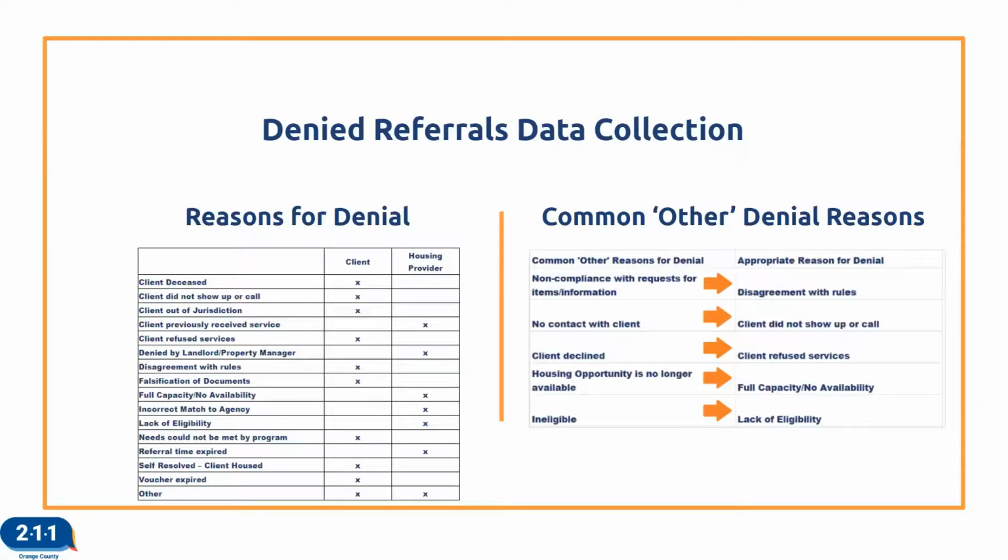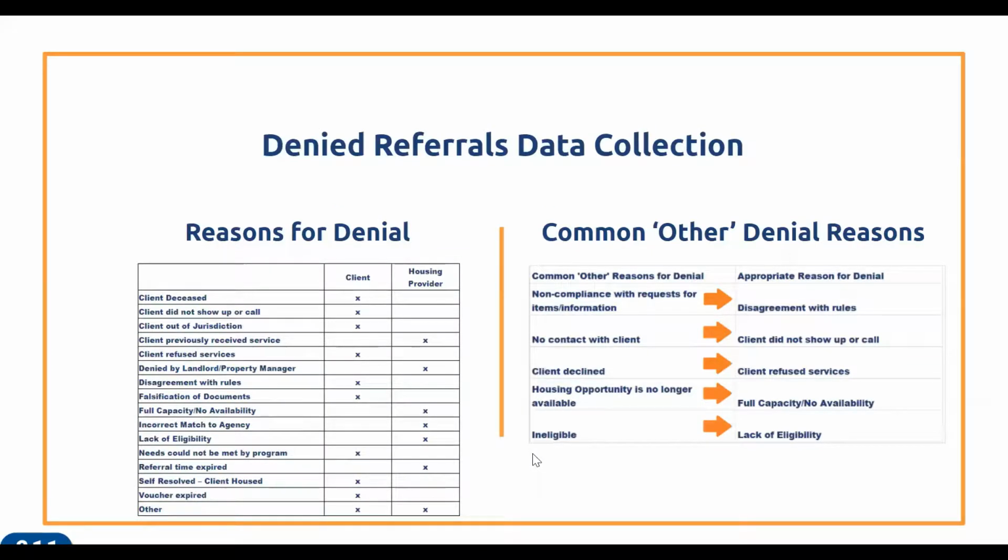If a client is ineligible due to lack of documentation, would the reason for denial fall on the client? So if the client didn't provide documentation, then yes, that would fall under the client or the disagreement with rules, and the denied by type would be client.